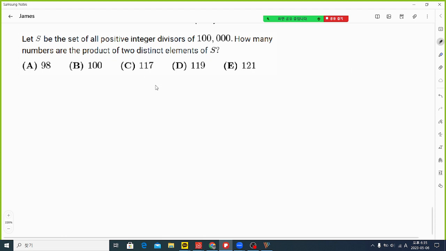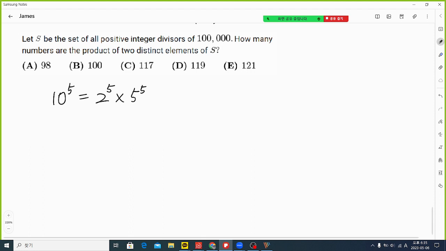So in this problem, we can first make the prime factorization of 100,000, because 100,000 is equal to 10 to the 5th power. That's equal to 2 to the 5th power and 5 to the 5th power.